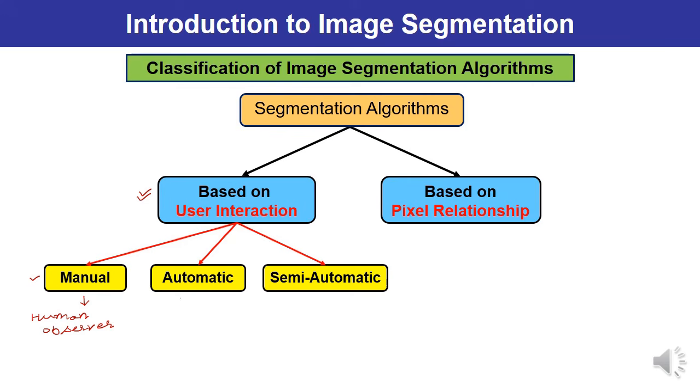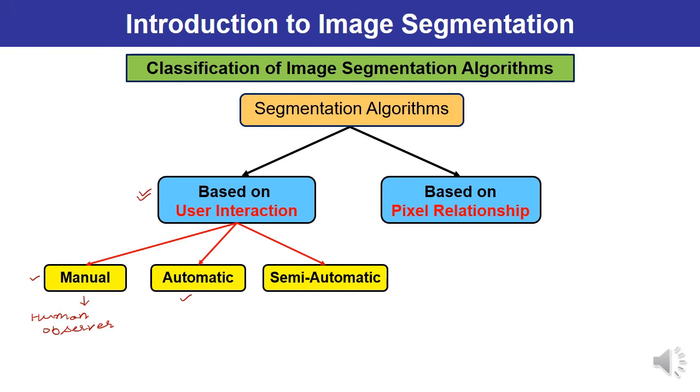Now the second algorithm, which is the automatic. See, automatic segmentation algorithm, you know that whenever we are talking manual versus automatic, automatic is commonly preferred. Why? Because here segmentation is done for the structures of the objects without the intervention of any human observer.